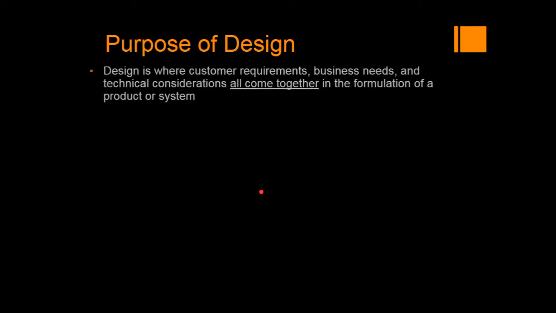Let us see what is the purpose of design. Design is where the customer requirements, business needs and technical considerations all come together in the formulation of a product or a system. Okay, so here when the customer and the developer start discussing the product, they come out of the requirements that are needed by the customer, and what is the reality or necessity of the particular business model, and what are the technical things that can be considered.